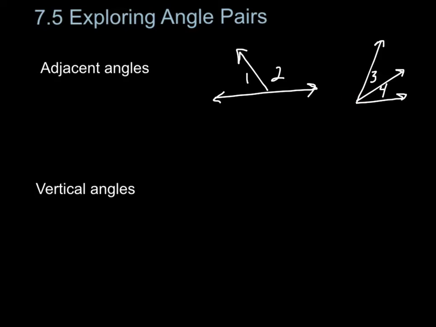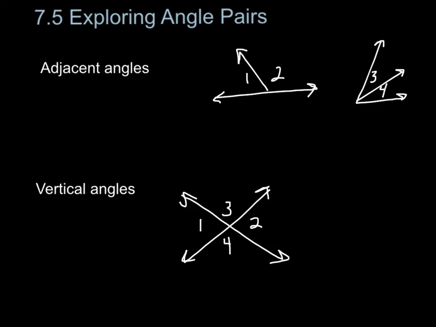Vertical angles are 2 angles whose sides are opposite rays. So basically what you have to have with a vertical angle is we're going to have 2 intersecting lines or segments, and then the angles across from each other are vertical. So for example, angles 1 and 2 are vertical, and angles 3 and 4 are vertical.